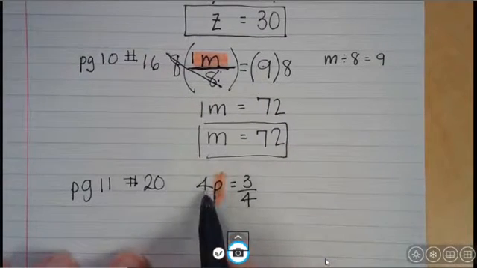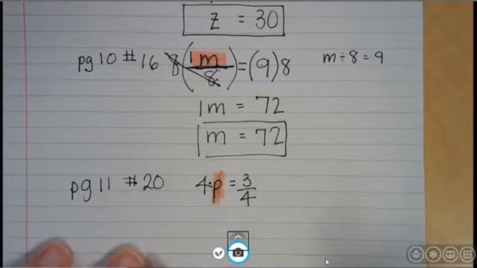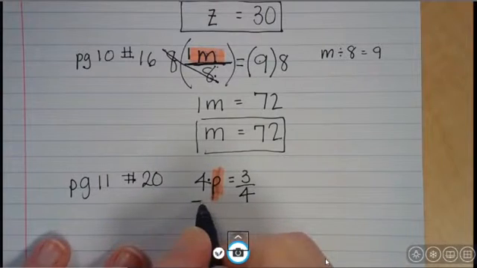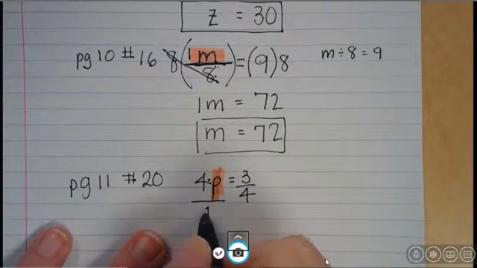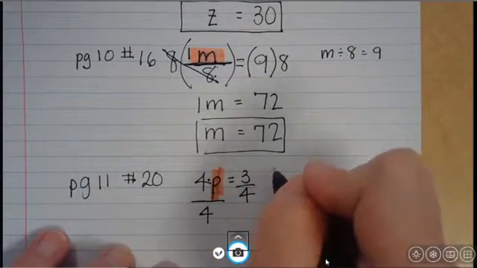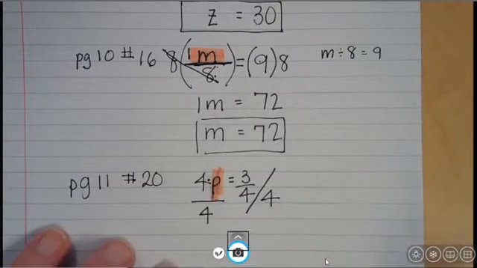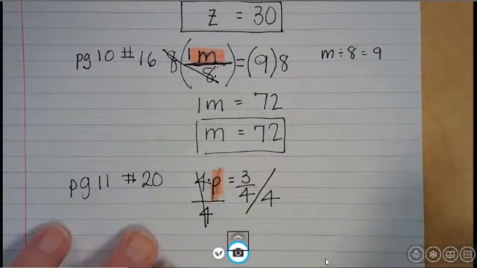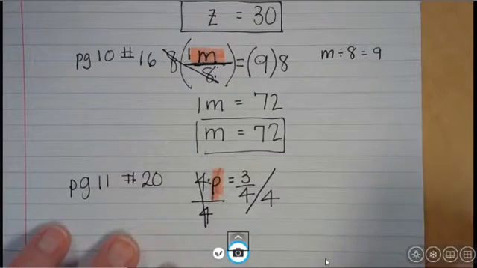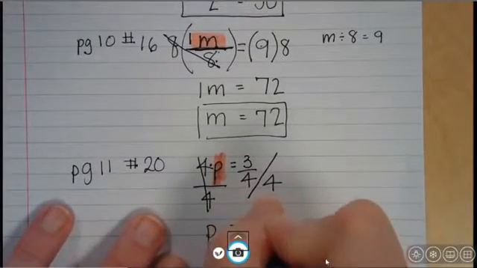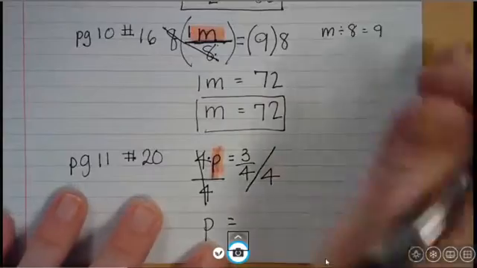Okay, so this is 4 times p, right? So I'm dividing because it's the opposite of multiplication. So 4 divided by 4 is 1. So that's 1p, which is p. So p is equal to 3/4 divided by 4.